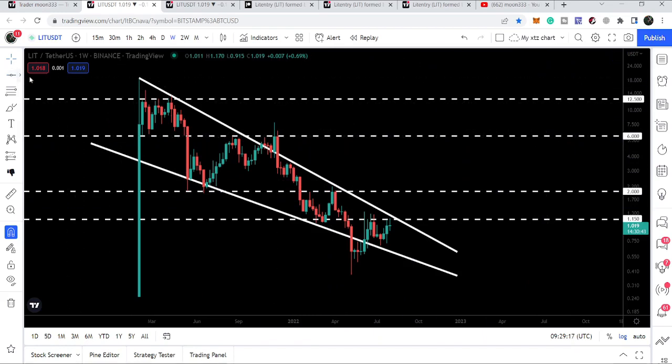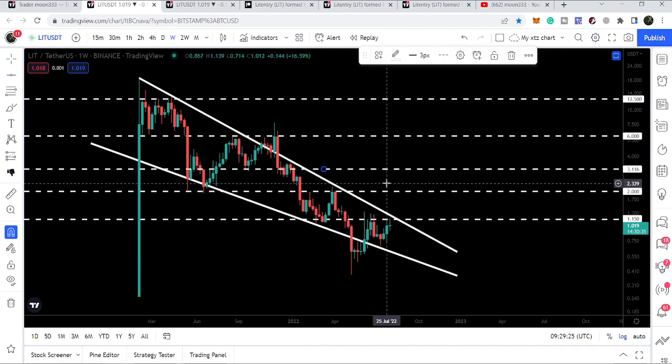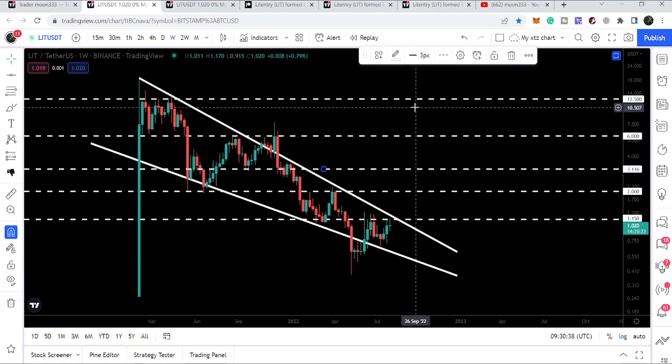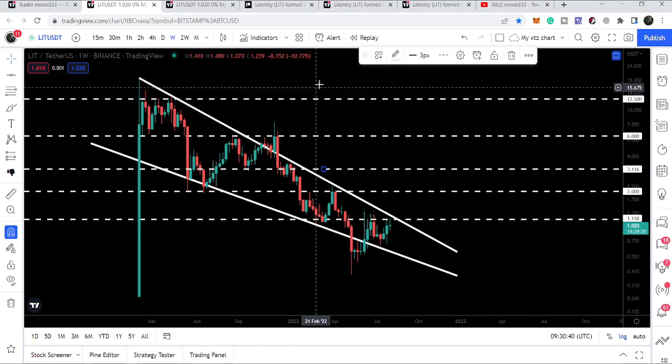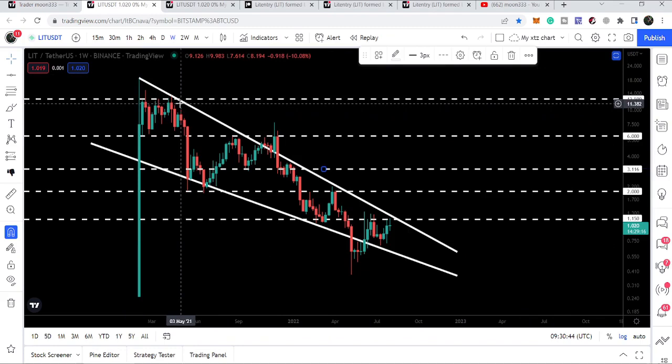And by the way, before $6 we also have this resistance that is approximately at $3.11, and you can see here it has been working as a support and here as a resistance as well. Then we will have the next major resistance at $6, and our final target can be at $12.50, where we also have a very strong resistance.